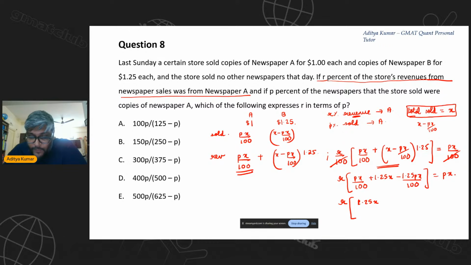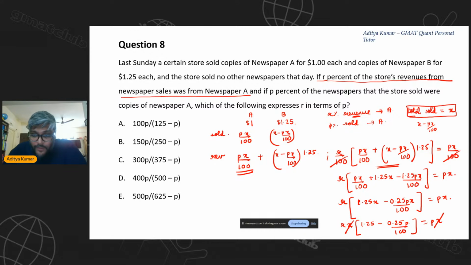Px by 100 minus 1.25 Px by 100 will be minus 0.25 Px by 100 is equal to Px. I can take the x out common. So Rx is 1.25 minus 0.25p divided by 100 is equal to Px. I can cancel out the x on both sides.